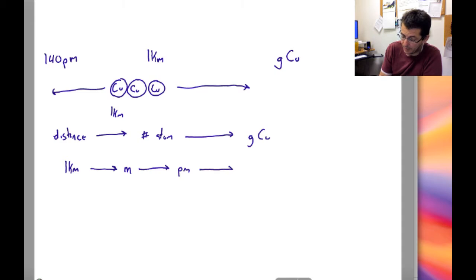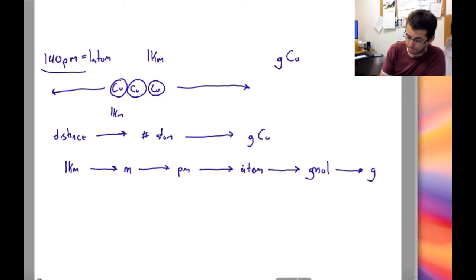And then from there, we can relate picometers to atoms, because 140 picometers is equal to 1 atom. And then we can go from there, atoms to grams. So I will let you set that up.